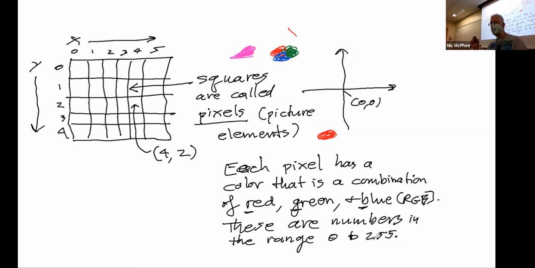So the color 255, 0, 0 would be bright red, and 0, 255, 0 would be bright green. 255, 0, 255 would be all red and all blue and no green, which would be a strong purple. 0, 0, 0 is black, no light at all. 255, 255, 255 is white. Turn everything up all the way, and you get an equal mix, and you get white. Okay.